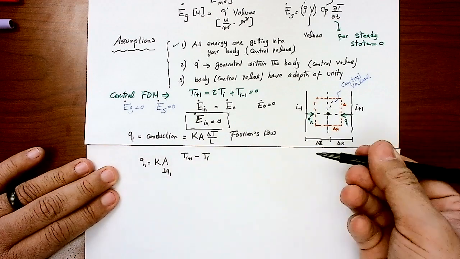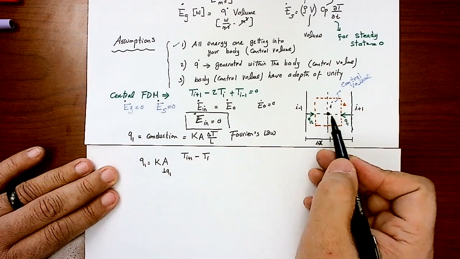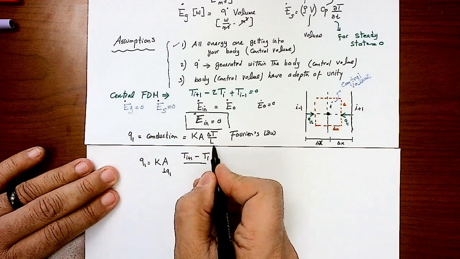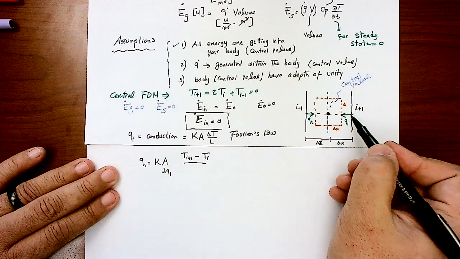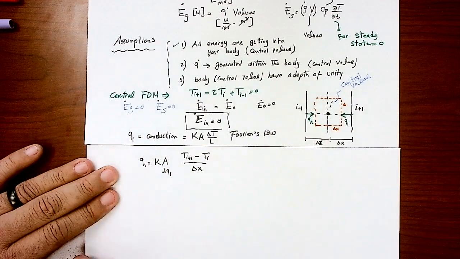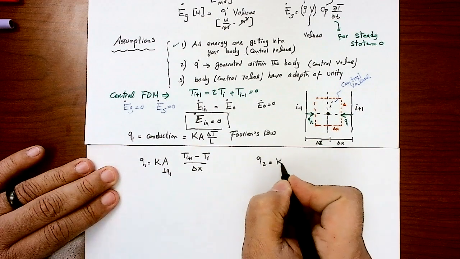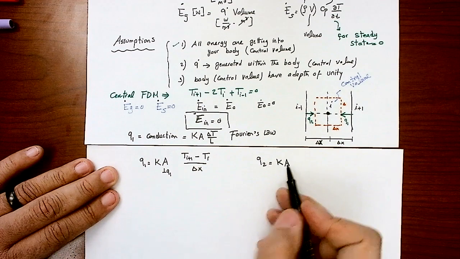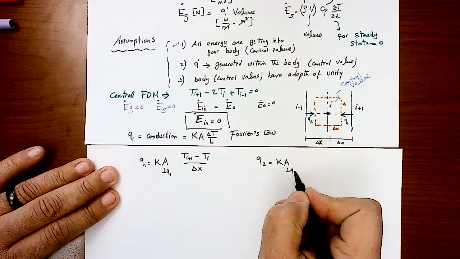Remember, heat is going inside that control volume or control element. So delta T over L, what's the definition of L? It is the same distance between these two nodes. So between this node and this node, the distance is delta X. Let's do Q2 now. Q2 is going to equal K times the area, which is exactly the same area that's perpendicular to Q2.